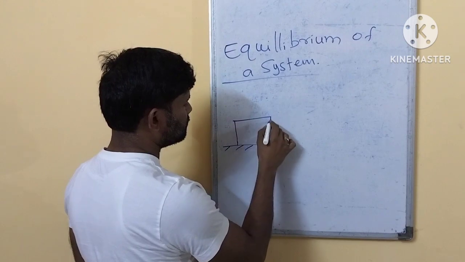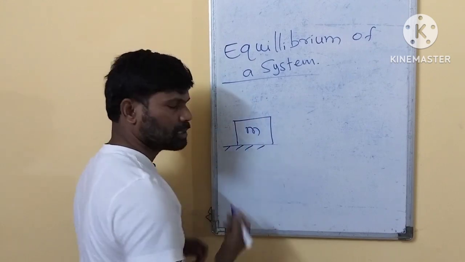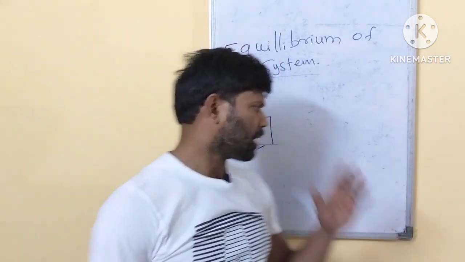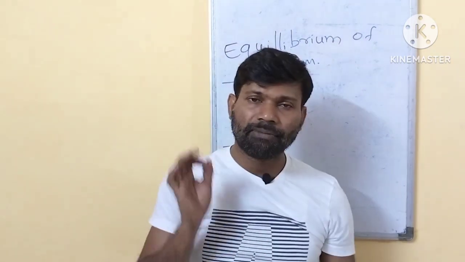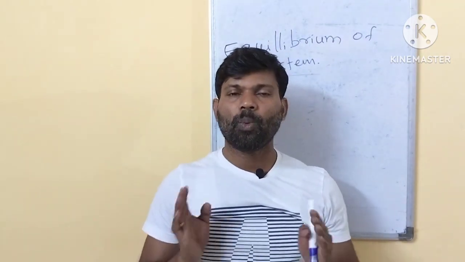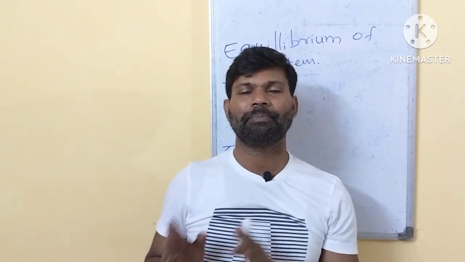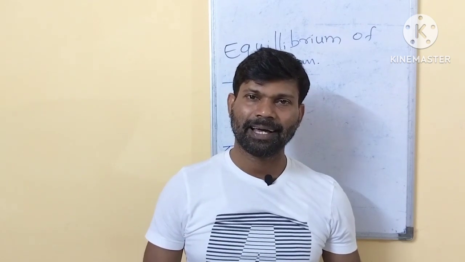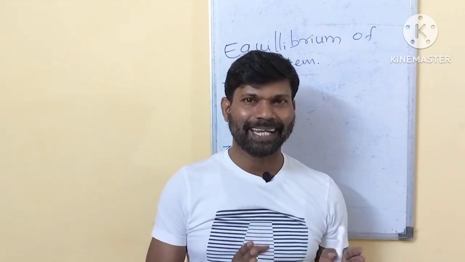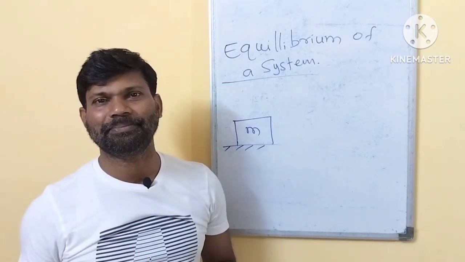It is lying on the ground, mass m. Equilibrium of a system means one system is in equilibrium when net force on the system is 0 and net torque on the system is 0. Then I call that system is in equilibrium.